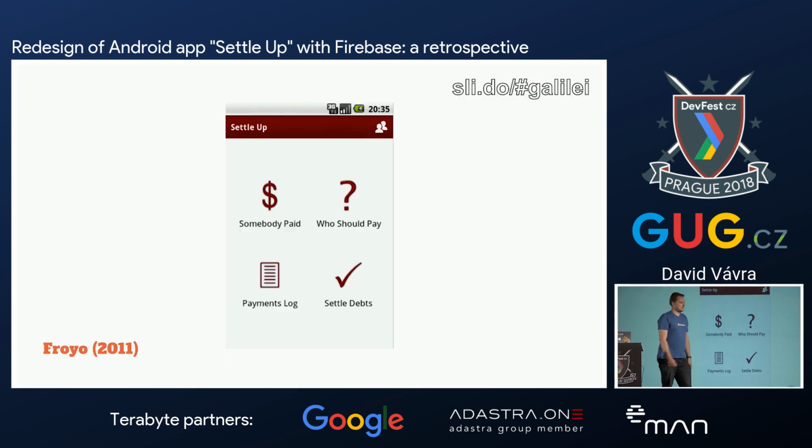So first, 2011, this is the first prototype of the app. I did this in 2 weeks while I was at university, and Android Froyo was popular at that time. Not many people had Android. It was more like a geeky thing, and at that time it was like the Wild Wild West.